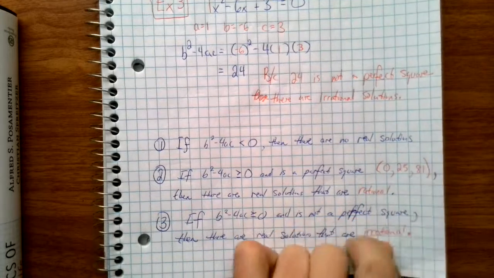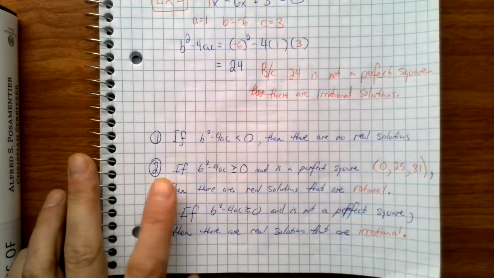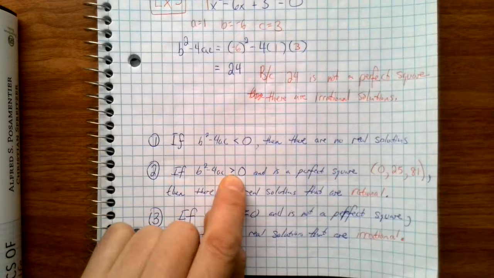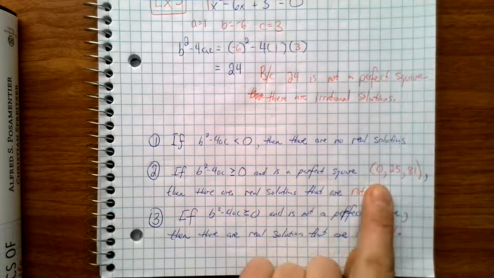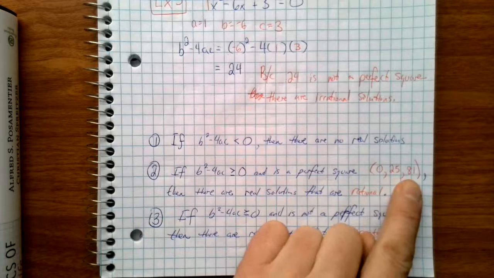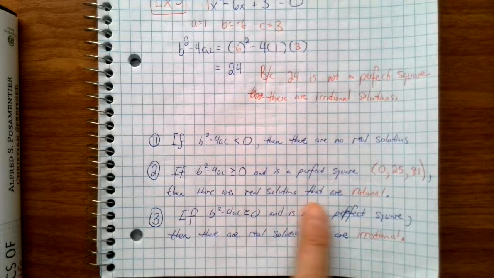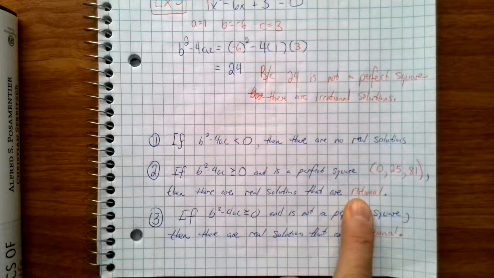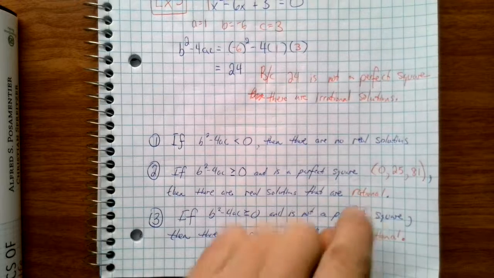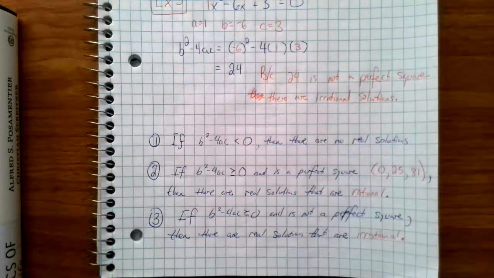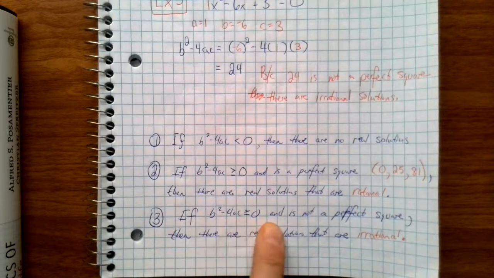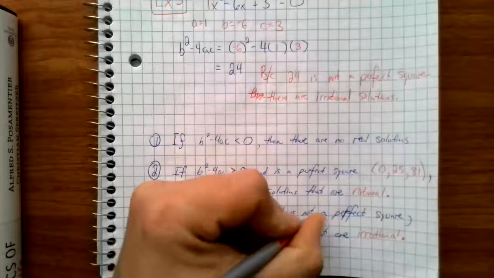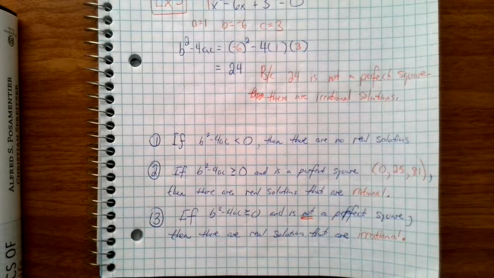The second possibility is if the discriminant is greater than or equal to 0 and is a perfect square, for example, 0, 25, 81, then there are going to be real solutions that are rational. And lastly, if the discriminant is greater than or equal to 0 and is not a perfect square, then there are real solutions that are irrational.